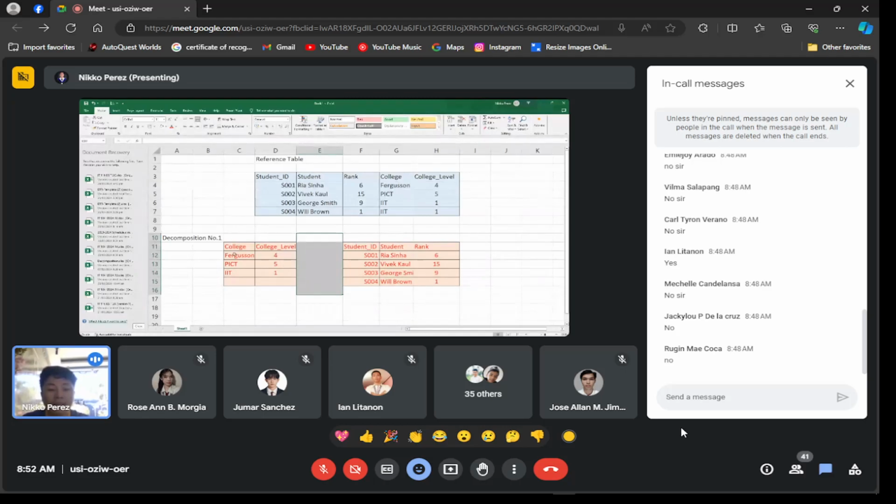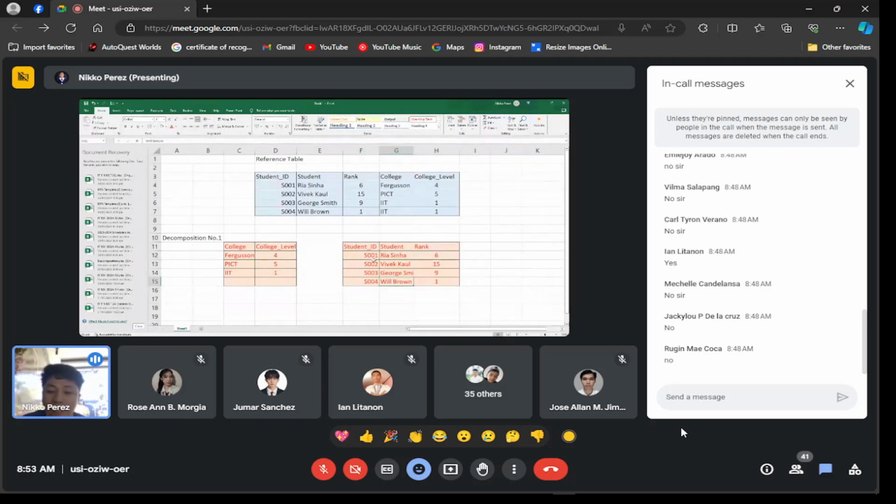Meaning, kaning college nga table, dili ni siya makashare sa info dato sa pikas nga table, si student, o si student po, dili po siya makashare og info niya paingon dato sa college nga table. So, it's a vice versa. So, pasabot ani, walay relationship si college o si student, so dili na to ma-achieve ang interpretation nga dapat when we try to navigate each of this record.